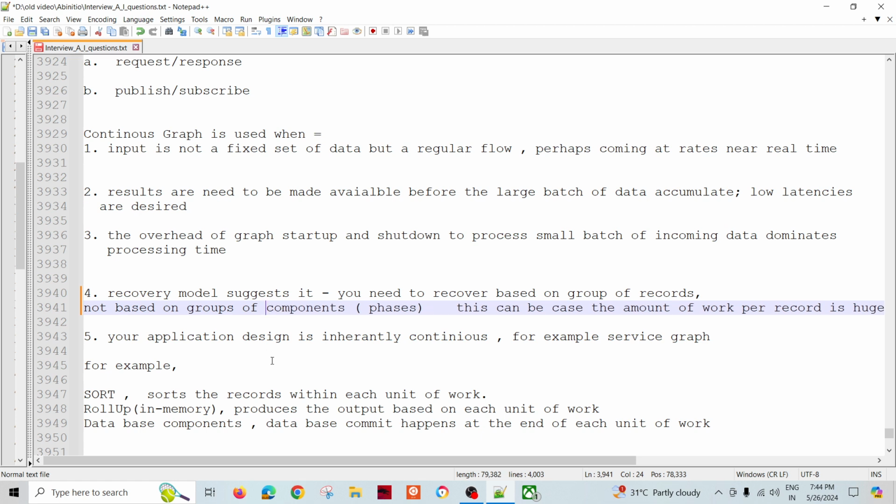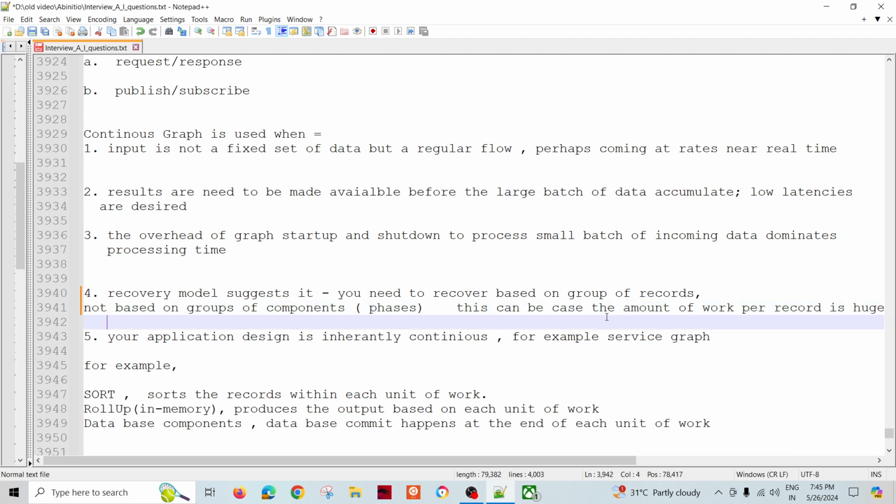When we intend to avail recovery of a particular processing, based on the number of components, we go with the batch graph and put the components in phases with a checkpoint. In that case, we can achieve the necessary recovery. Rather than processing everything again, we can make sure that recovery happens at the particular checkpoint.